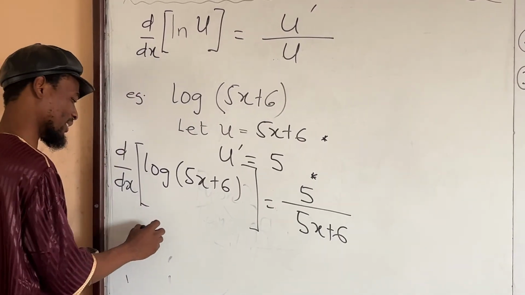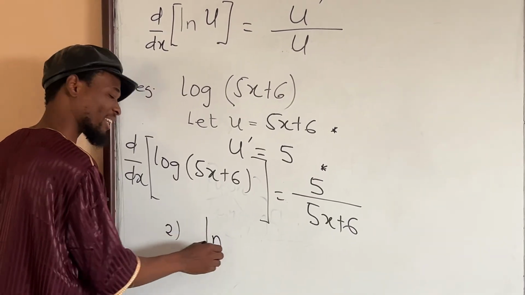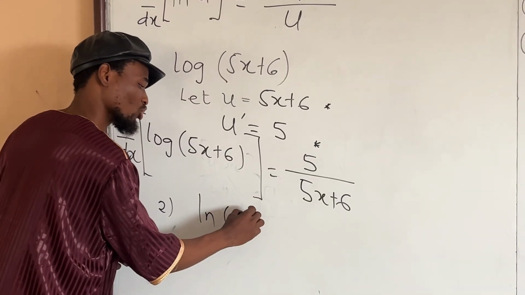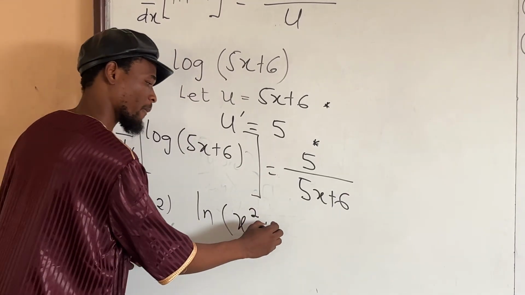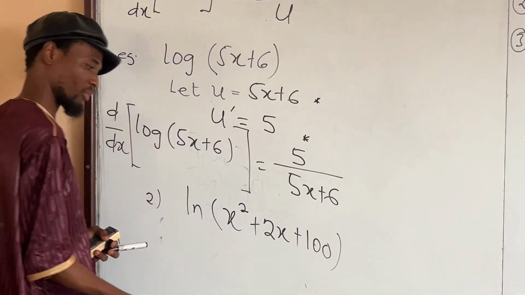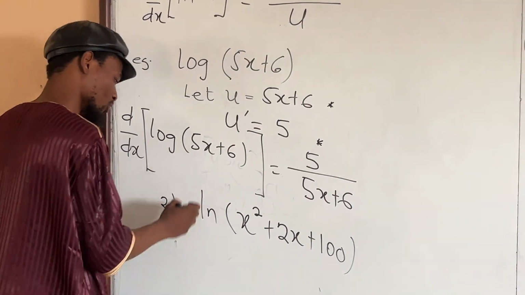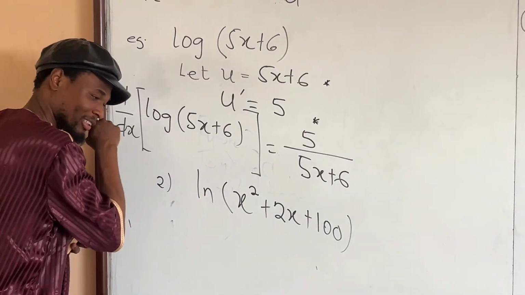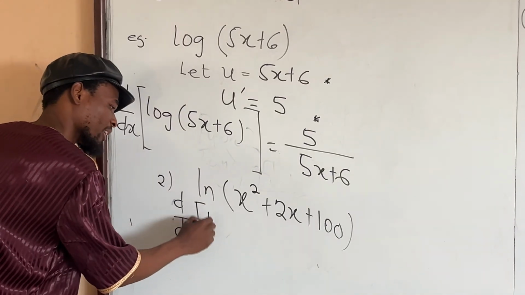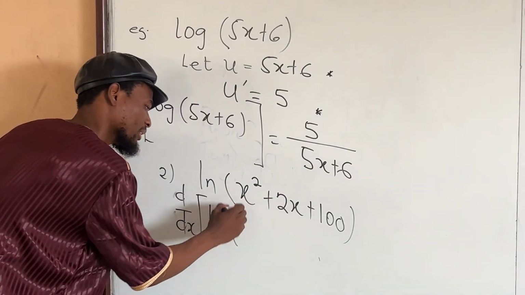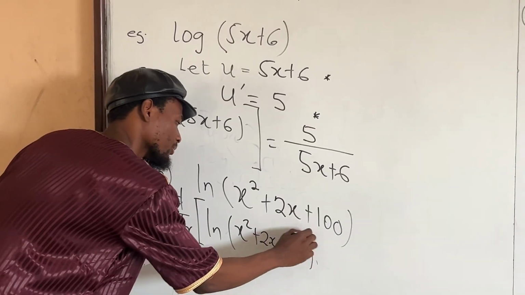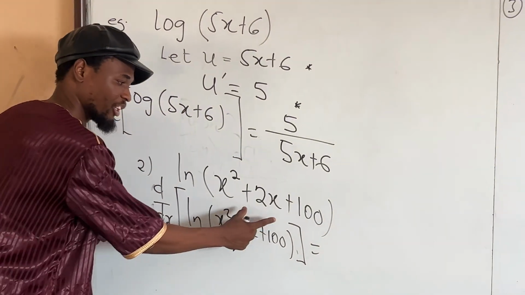Another example is the natural log of, let's say, x squared plus 2x plus 100. This is very simple. If you want to take the derivative of the whole function, d over dx of the natural log of x squared plus 2x plus 100 equals the differential of u.